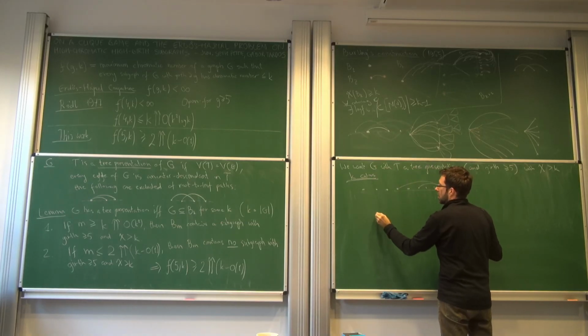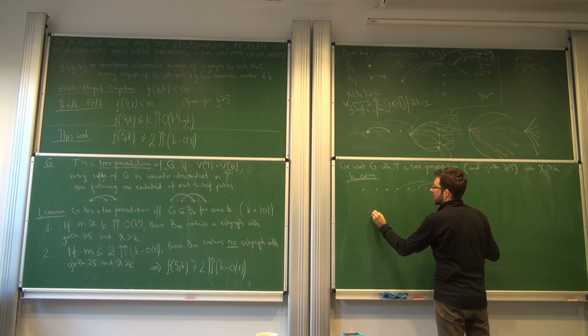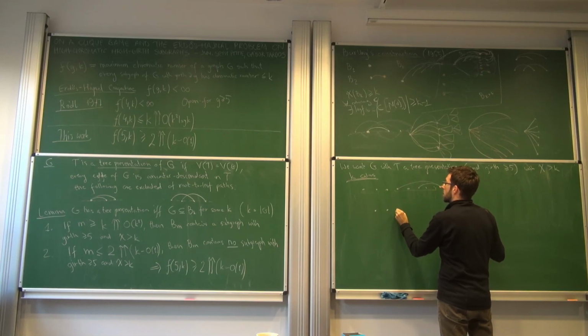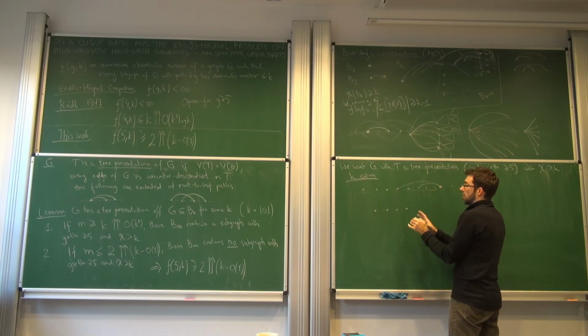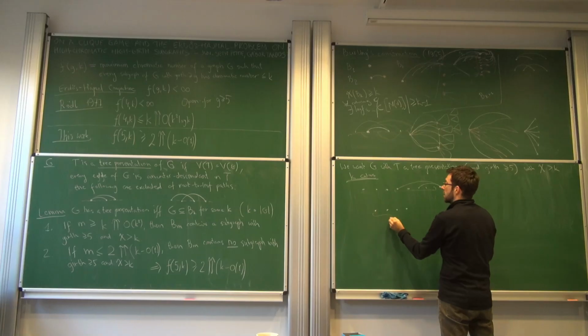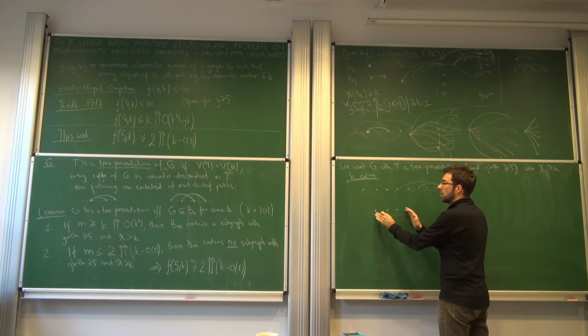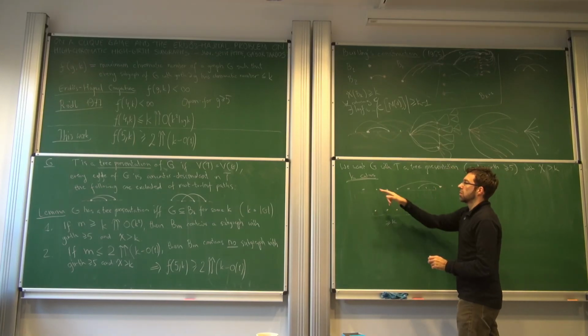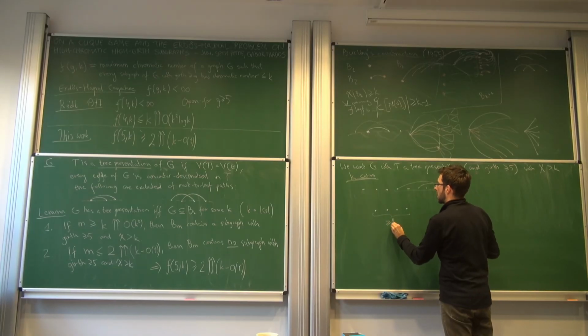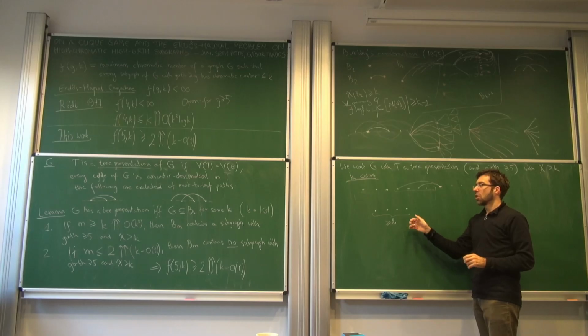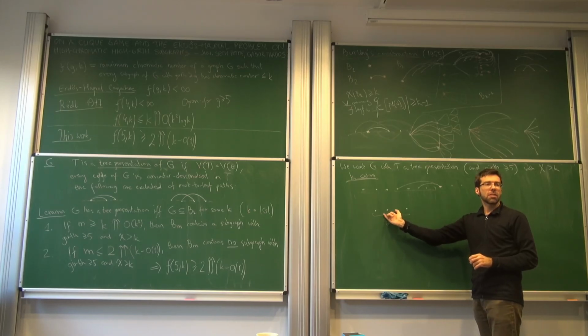We are showing that builder has a strategy to force at least l different colors on active vertices, where l is at most k. This is our claim.